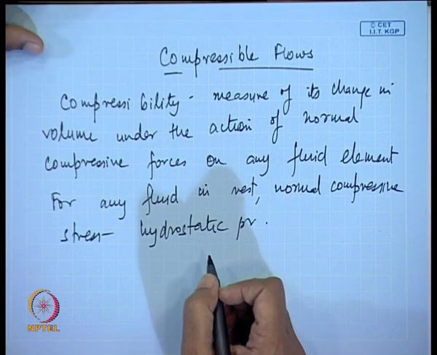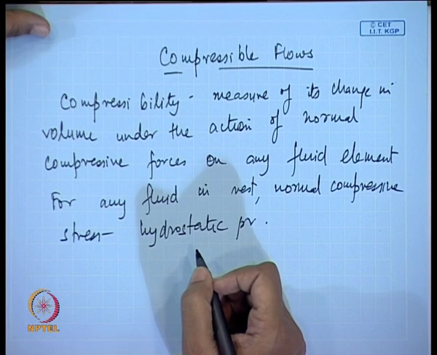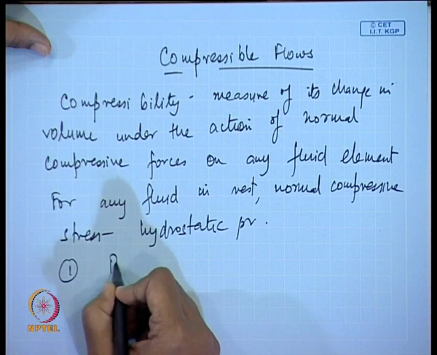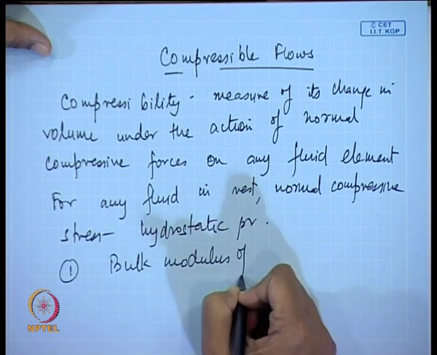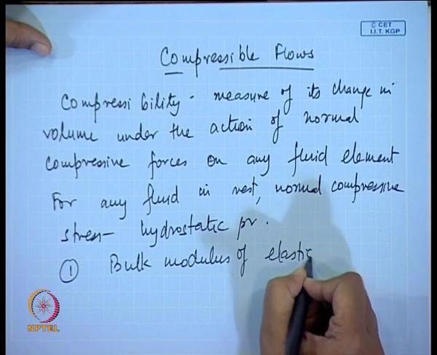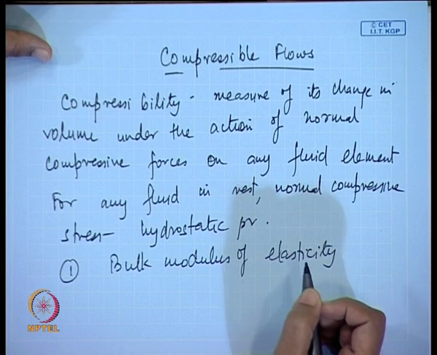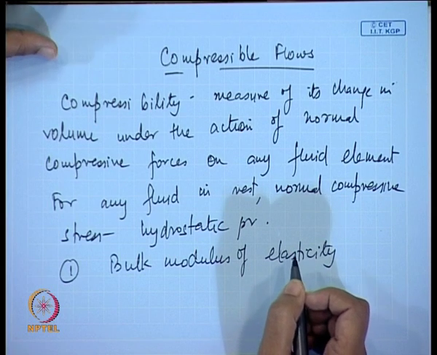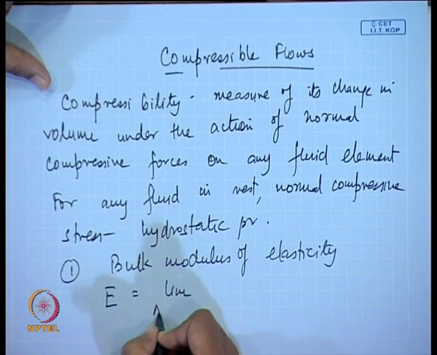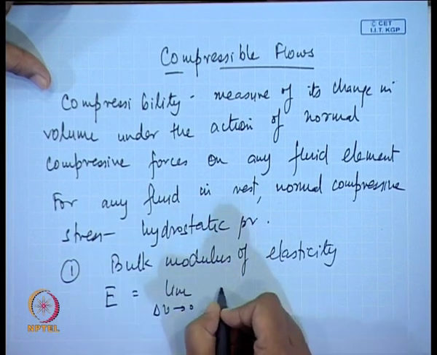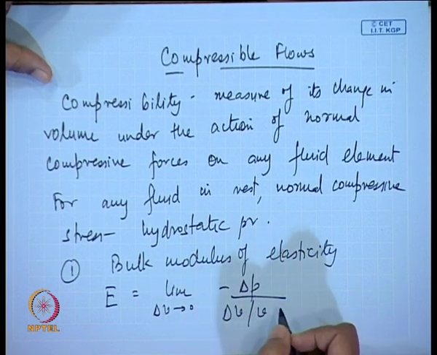So, the degree of compressibility is usually characterized by two parameters. The first parameter is the bulk modulus of elasticity, which is usually defined in this particular form.